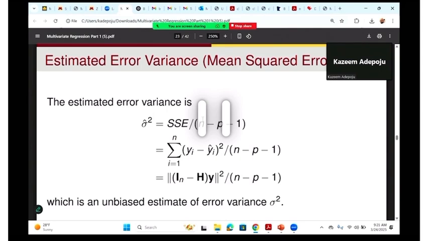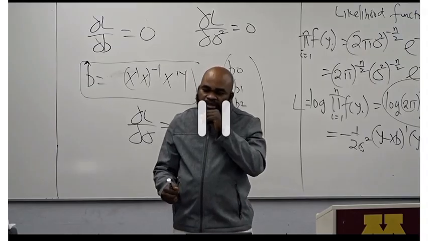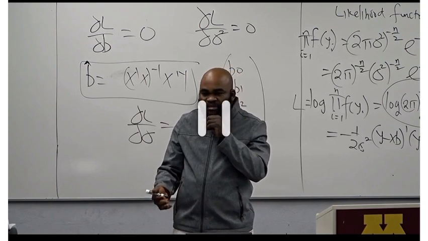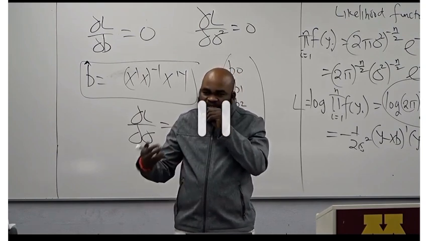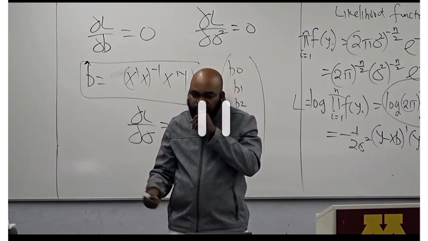The first one that I mentioned is the maximum likelihood estimate of sigma squared. But we also have the estimate of sigma squared that we derive from the sum of square error, which is this one.